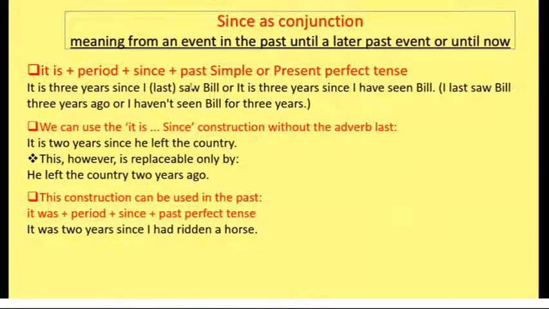Here after since, past simple or present perfect tense, any of the two can be used. Look at the example below. It is 3 years since I, in the bracket last, saw Bill. Or it is 3 years since I have seen Bill. This means I last saw Bill 3 years ago. Or I haven't seen Bill for 3 years.